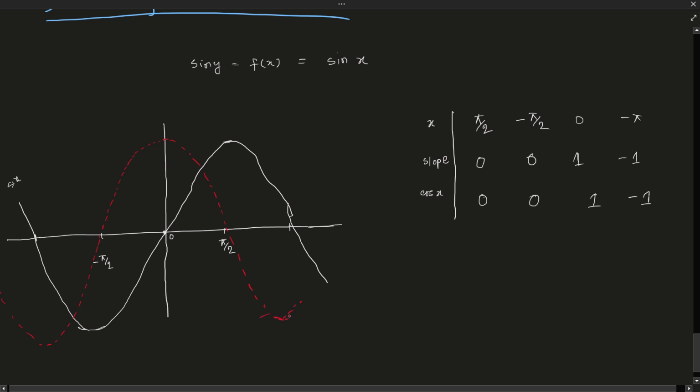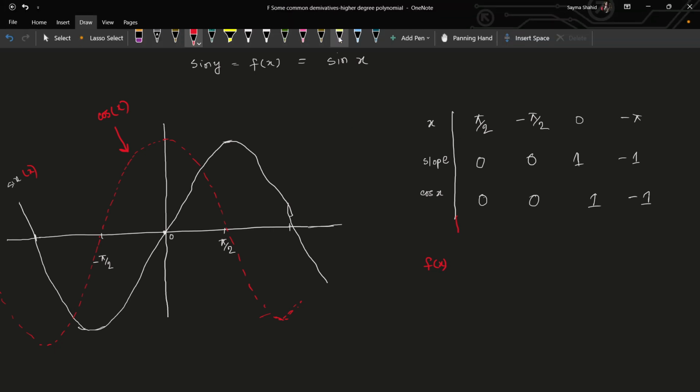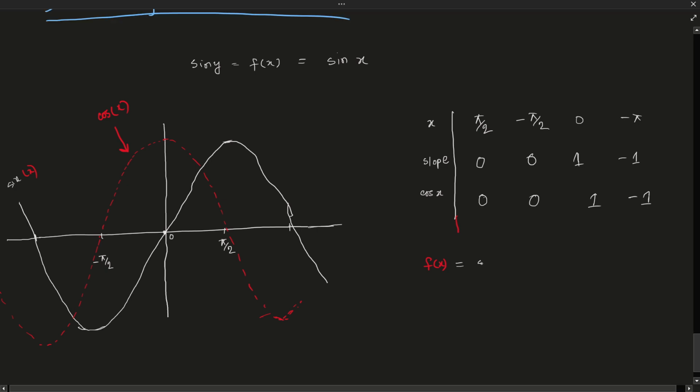Something like this. Okay, so this is our cos x, and this is sin x. Okay, so we wrote the value of cos x. So from here, f of x is sin x.